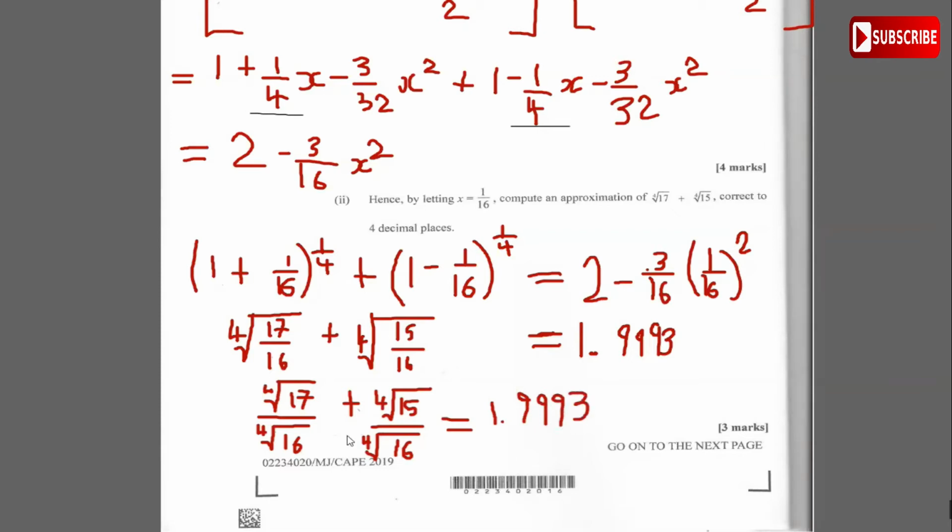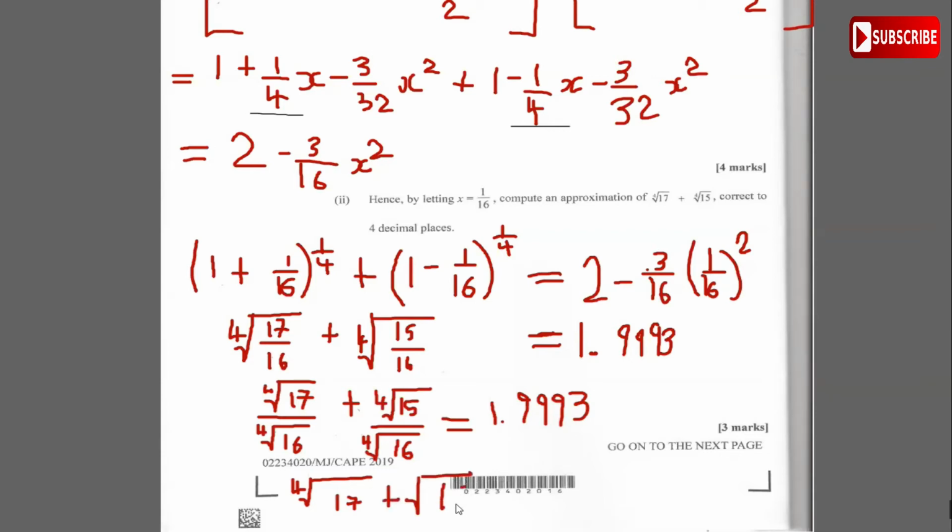And that's equal to 1.9993. Now the quart root of 16 is going to be, you put that in your calculator, quart root just means square root in 16 twice. So that's 2. So this right here is really 2. So all we need to do is multiply through by 2 to get the quart root of 17 plus the quart root of 15.